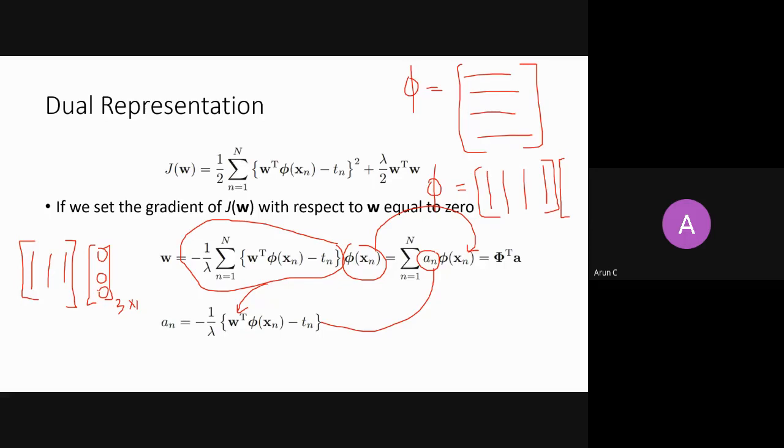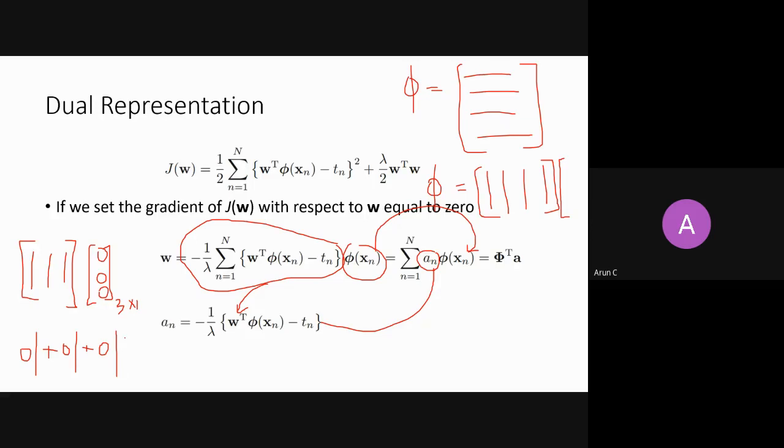So you can write this as component 1 multiplied by the first column, plus component 2 multiplied by the second column of the matrix, plus component 3 multiplied by the third column of the matrix. You can write it this way. Do you know this? Yes or no?